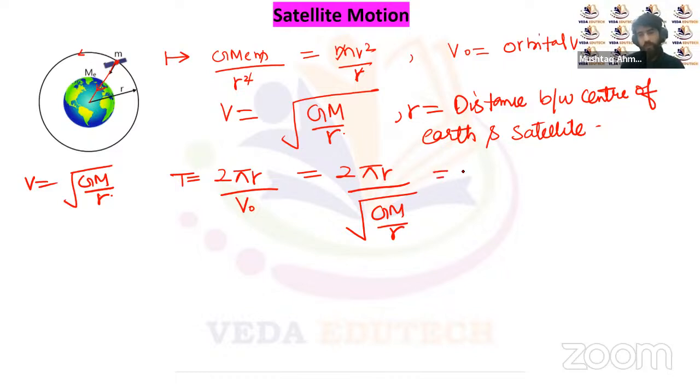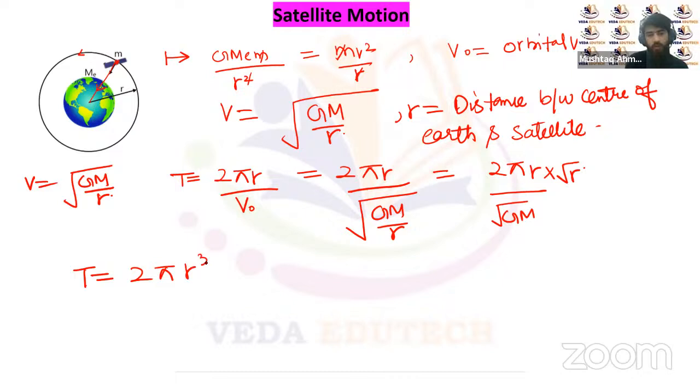So we can write it as 2 pi upon root of GM, multiplied by r, multiplied by root r. From here you can see the time period is 2 pi r to the power 3 by 2 upon root of GM. Or if we square it on both sides, T squared will be equal to 4 pi squared r to the power 3 upon GM.